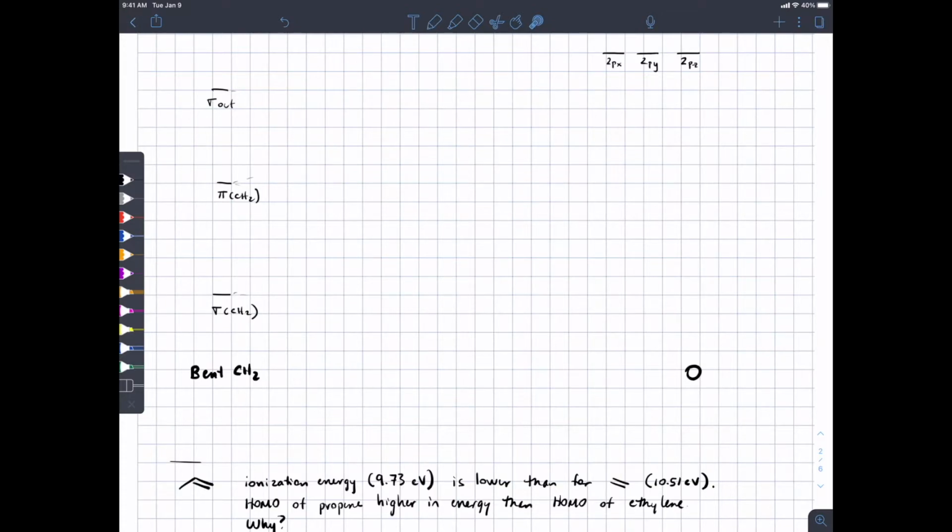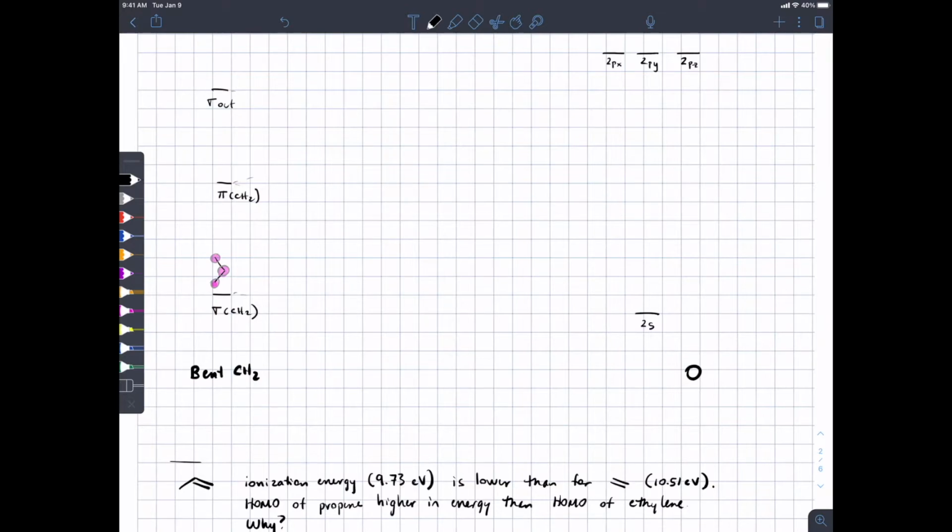It's not clear how much lower the oxygen 2s orbital should be than the sigma CH2 orbital, because unlike the oxygen 2s orbital, the sigma CH2 orbital has bonding character. So I don't know how much lower to put it. Let's not put it very much lower. Let's just sort of put it here. All right, and this would be the 2s orbital from oxygen.